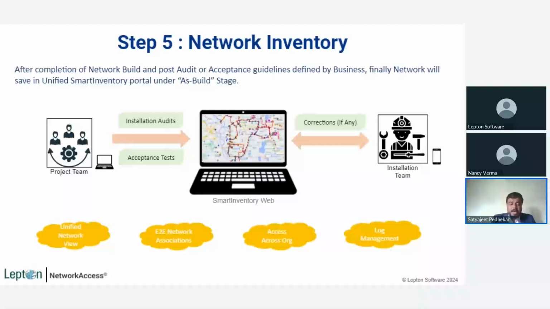So you will get the end-to-end network association. You will have access to this tool across the organization. As I said, it is not only about planning, designing, projects, or our installation team. This information will be available across the organization, be it the sales and marketing team, the operation and maintenance team, or the customer support team.